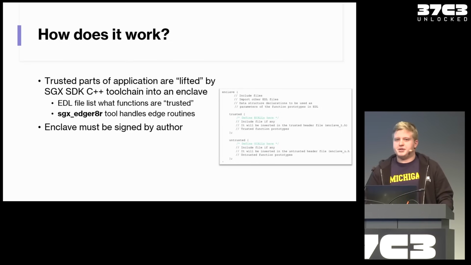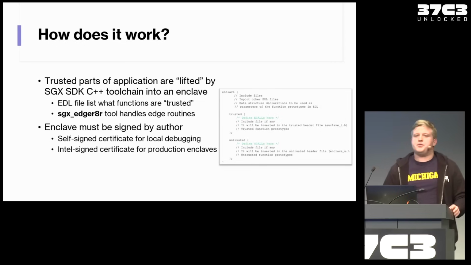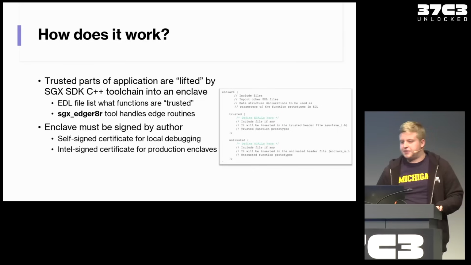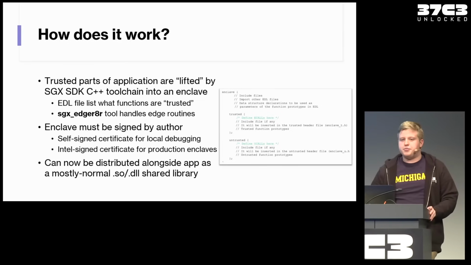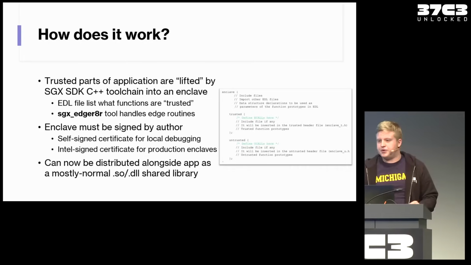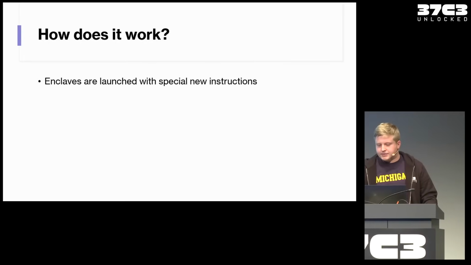So for an enclave to work, it must be signed by its author. And you can use a self-signed certificate for local debugging, but for any production enclaves, you must obtain an Intel signed certificate. And once you have all this, you effectively have a fairly normal shared object or DLL that you can distribute along with the rest of your application binaries.